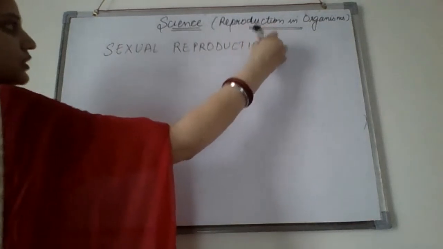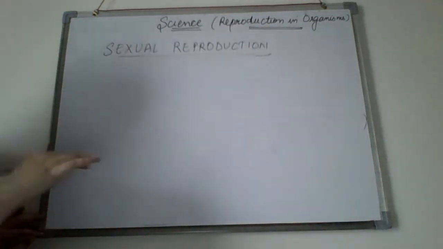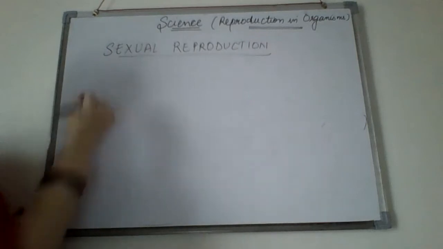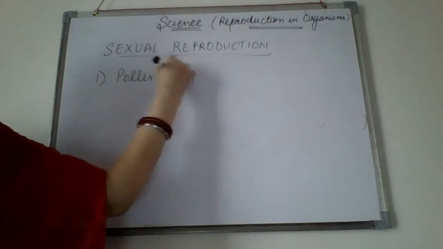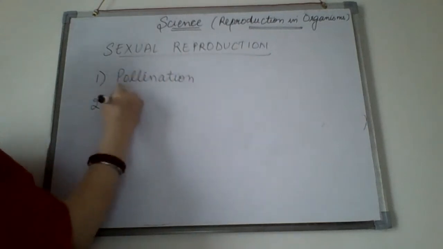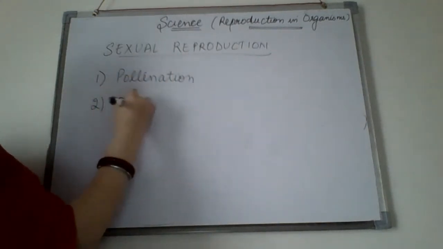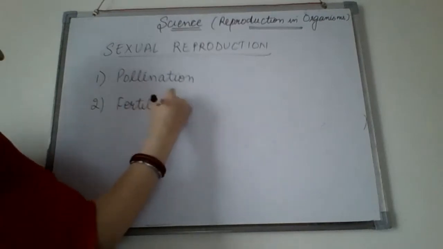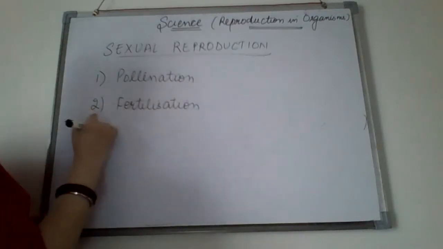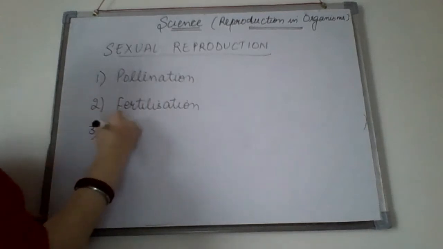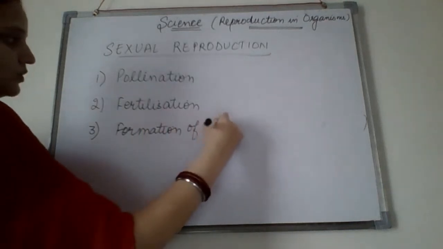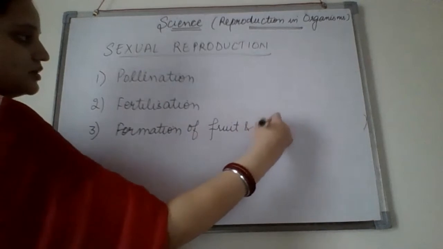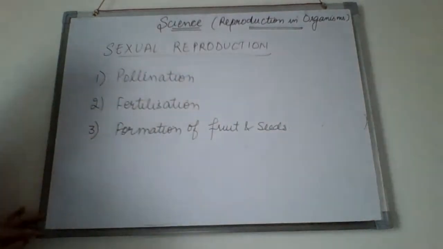The various methods involved in sexual reproduction are, firstly, pollination, secondly, fertilization, and thirdly, formation of fruit and seeds, right?